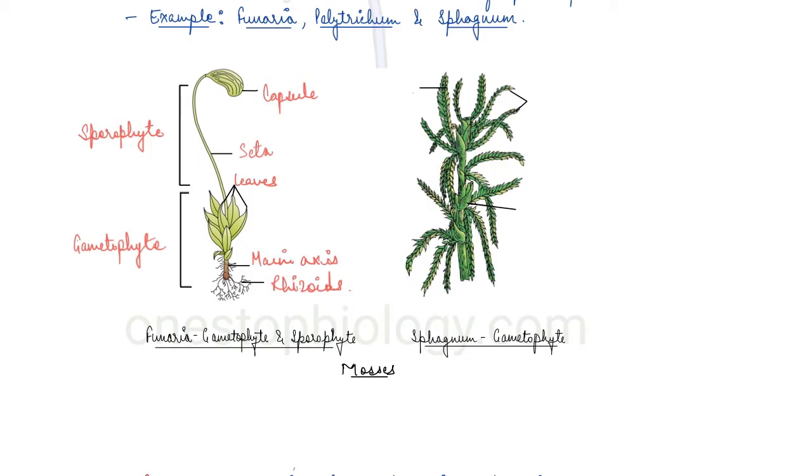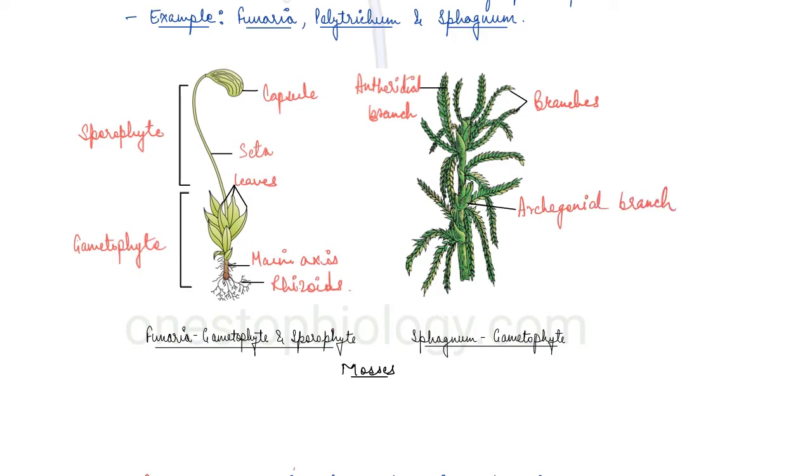Okay, and now let's see here in Sphagnum there are different branches, right? These are nothing but branches, and they have the male branch, which is the antheridial branch, and the female branch, that is the archegonial branch.